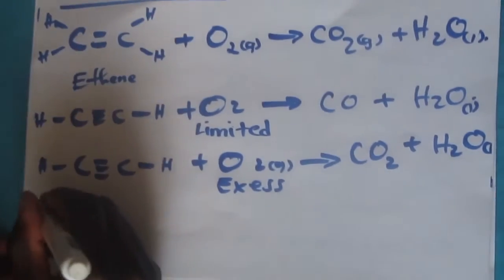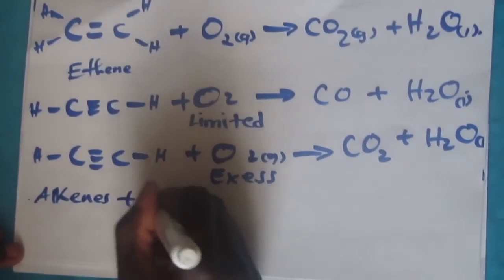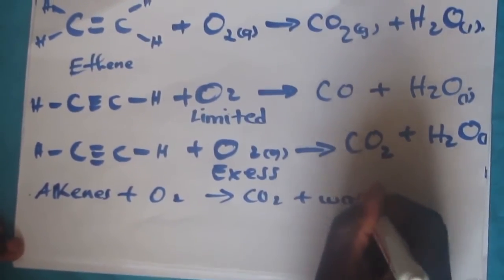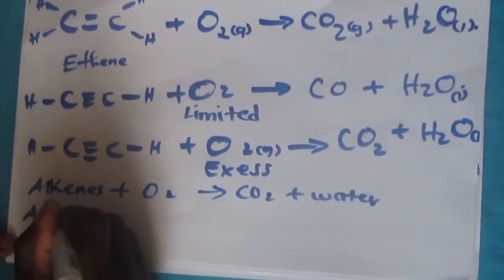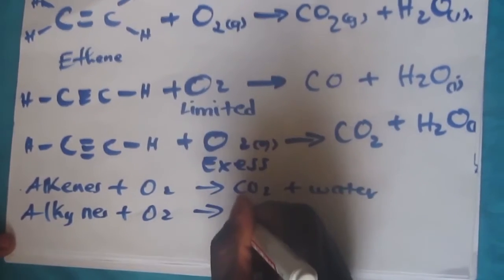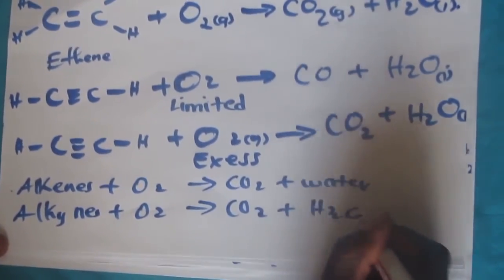So in general, we can say that alkenes plus oxygen, you get carbon dioxide plus water. Also alkynes plus oxygen, you end up getting carbon dioxide plus water.